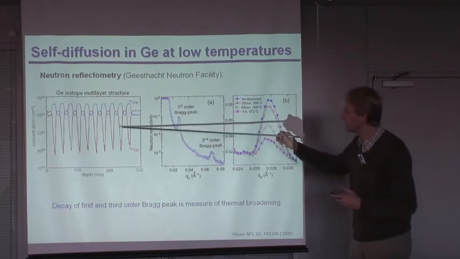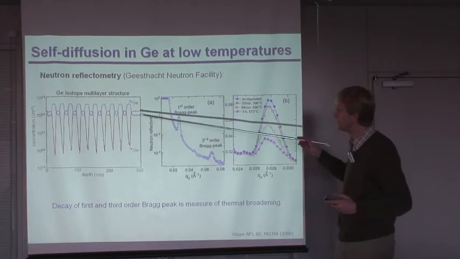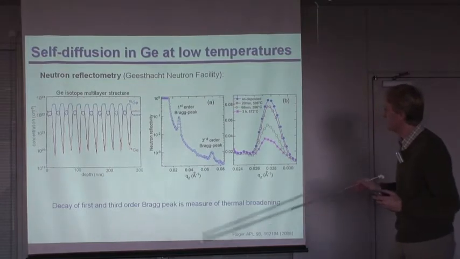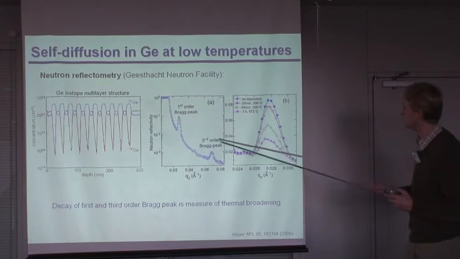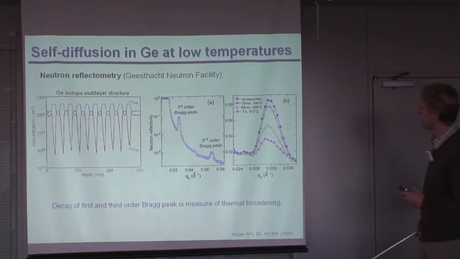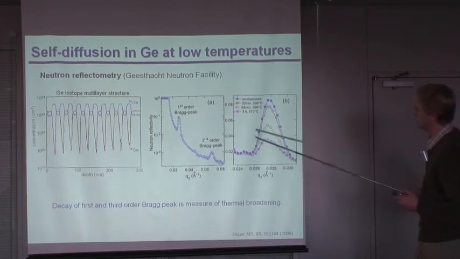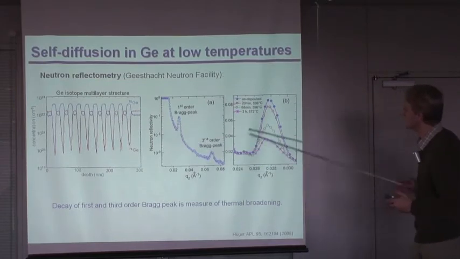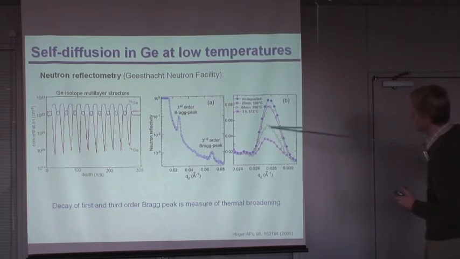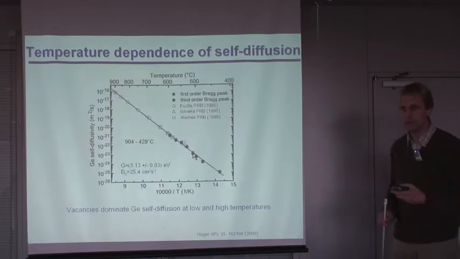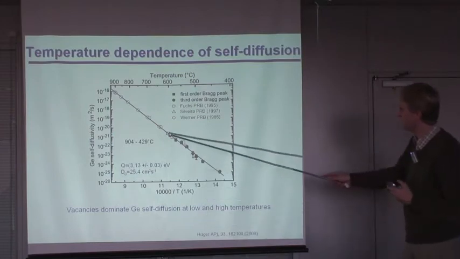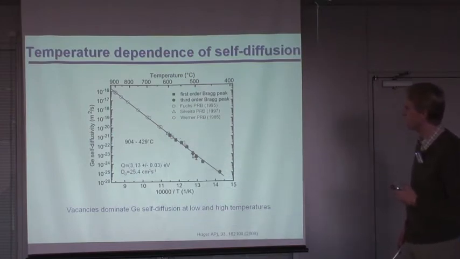So if you anneal it, of course, there will be an interdiffusion of these different isotopes, and this you will notice in the decay of this Bragg peak, which is shown here in magnification. And here are some temperatures and times, and it depends on how strong the interdiffusion is. The more pronounced it is, the stronger the decay of the peak. And based on this, in principle simple method, we could extend the self-diffusion down to low temperatures.